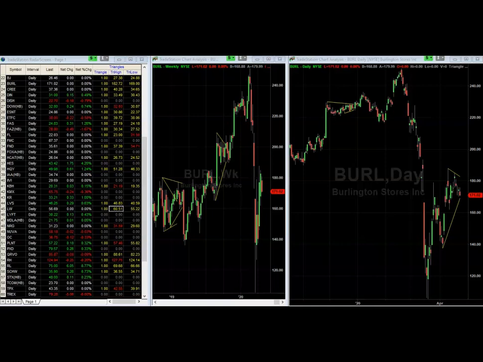Okay, I've just got a workspace pulled up with the indicator loaded on a daily and a weekly chart, and then here it is in RadarScreen, and we'll go through this and show you. Basically, you can see here is Burlington, as of April 24th, 2020, and there's a potential wedge triangle pattern forming here, and here was one in the past on the daily.